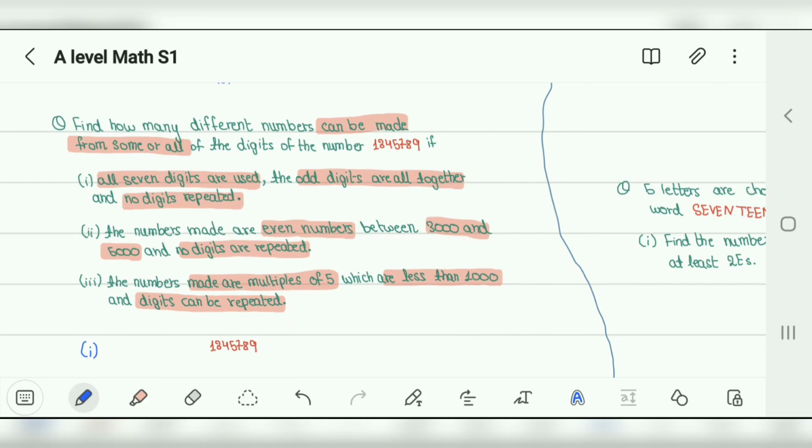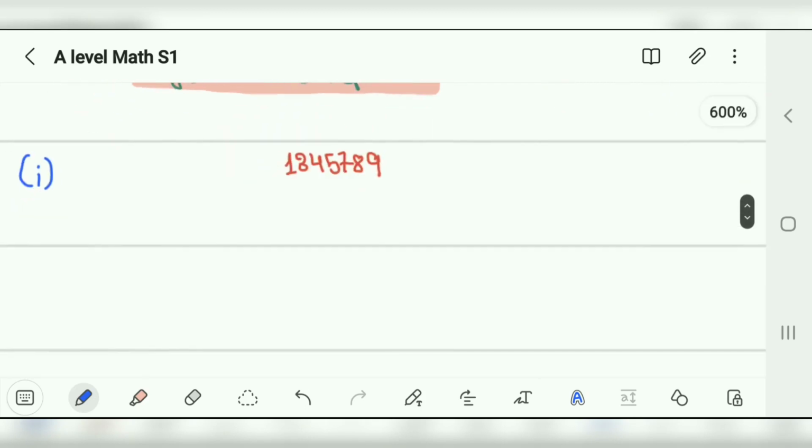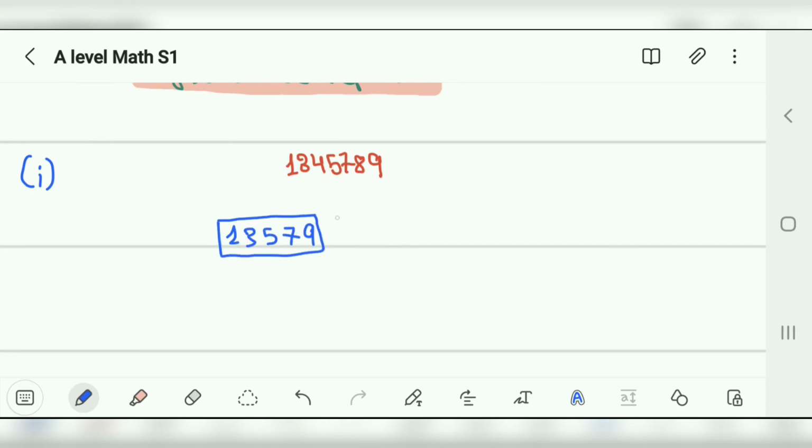If all 7 digits are used, the odd digits are together, no digits repeated. So all the odd digits, 1, 3, 5, 7, 9, are together. Then what we have left here is 4 and 8, different boxes. It's going to be 3 factorial, and inside the boxes I also have to make an arrangement, so 5 factorial. Okay, so this is the answer.